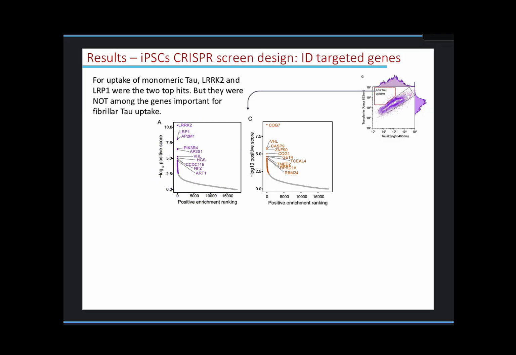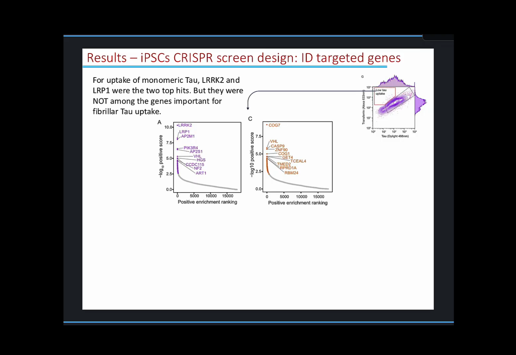And what these plots show is, when you look at all of the genes that they had guide RNAs for, some of them showed up over and over among the cells that were worse at picking up tau.